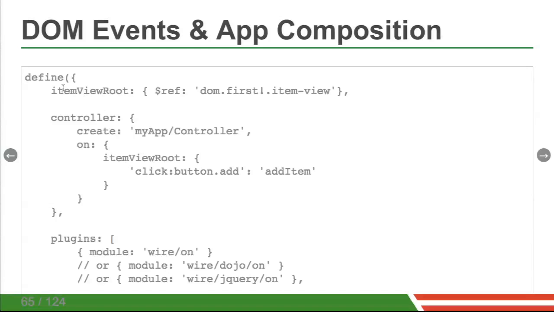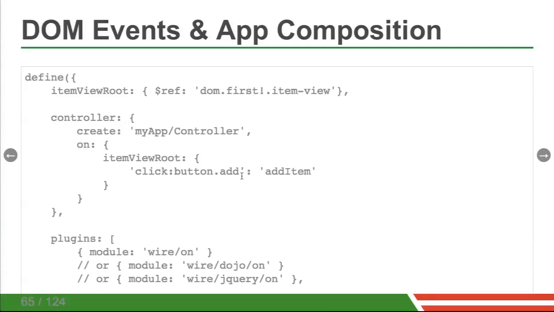To say, on a click event that occurs on a button with the class add that's anywhere inside of this DOM container, when that happens, call my add item function.